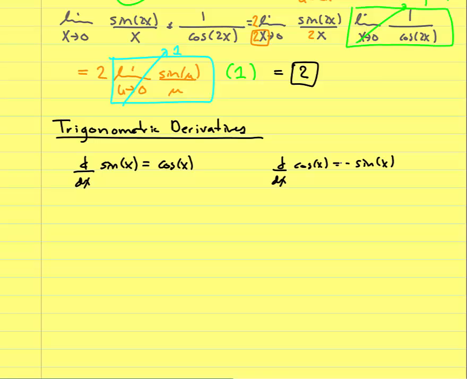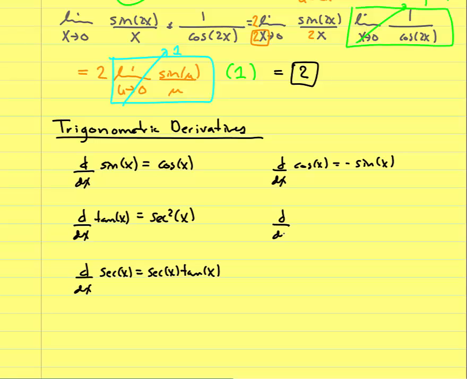The other derivatives that we'll want to have memorized here are the derivative with respect to x of tangent of x is secant squared of x, and the derivative with respect to x of secant of x is secant x tangent x. Now one mistake people make quite a bit is they forget to put the x in here. They write just secant tangent and don't have the arguments, and you need to have the arguments involved.